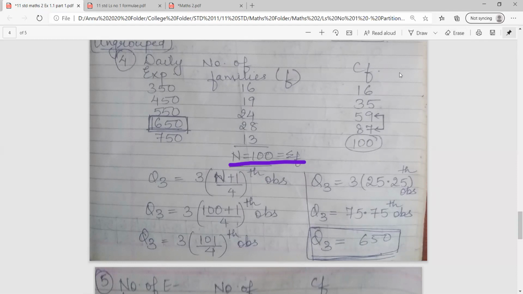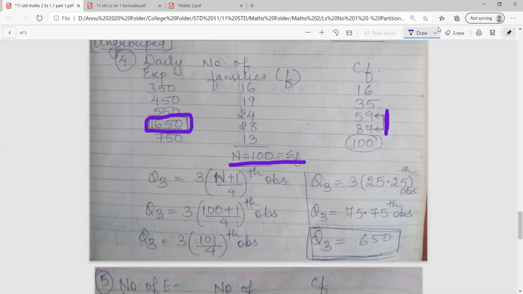Now what to do, class? The 75.75th observation lies between two numbers. Remember, in the raw data, we used to split 2.75 between 2 and 3. Now in this case, 75.75 lies between two numbers, 59 and 87. So in front of 87, in the column X, that is daily expenditure, the answer is 650.